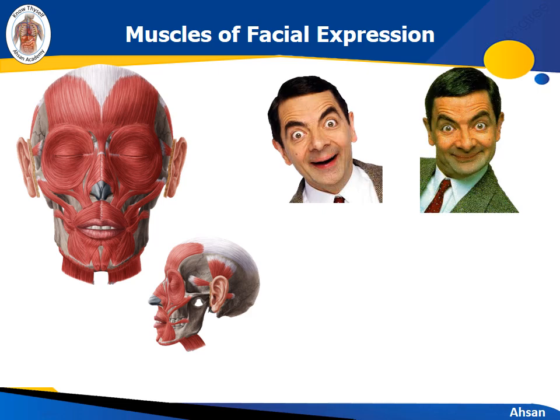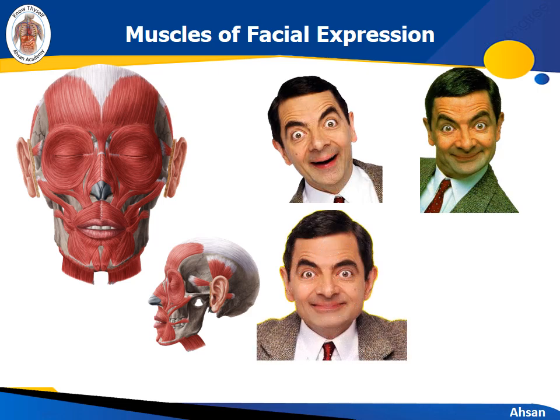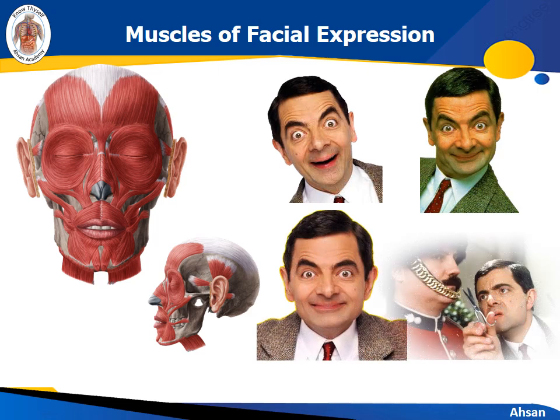So this is responsible for different expressions of the face because of the change in wrinkles produced in the skin, or changing the size of the orifices of the face, like the eye orifice, oral orifice, nasal orifice. So this can be changed with the action of the muscles.